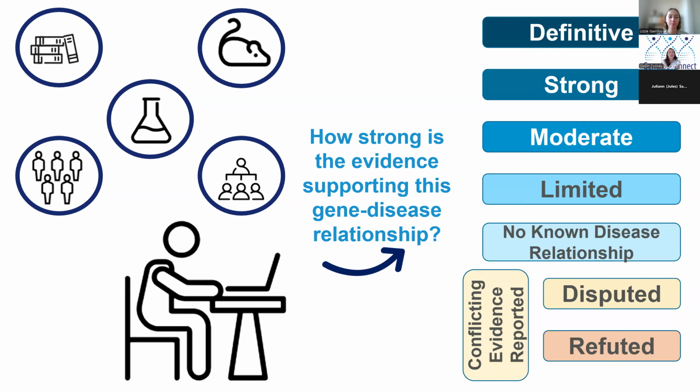From there, as lesser evidence is available, that classification may be different. So we may have limited or no known disease relationship because the score of the evidence does not reach the more definitive state.